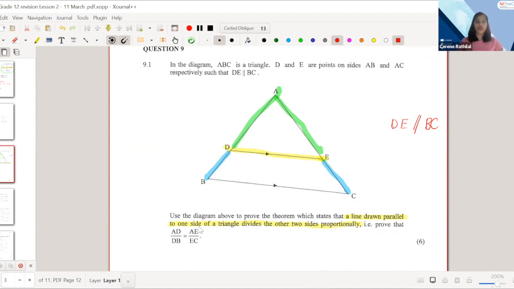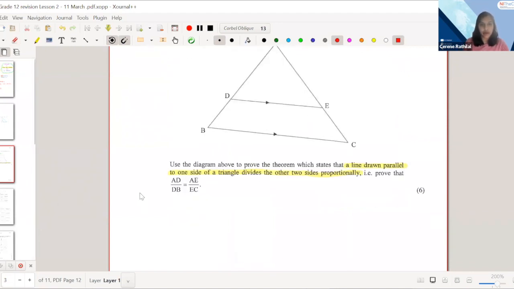In order for us to go about proving this, we now need to do a few constructions on this diagram. So I'm going to add a few lines to this, and let's take a look at what we get. The first thing that we want to do in order to prove this result is the following.